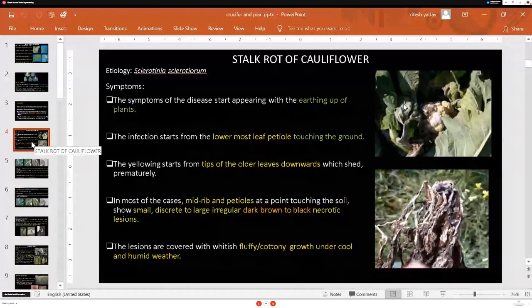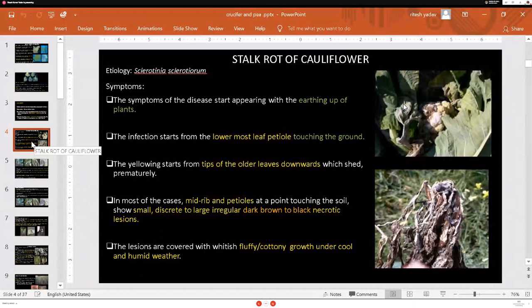Generally in case of crucifers, the first infection takes place during earthing up. During earthing up, the lowermost petiole or the midrib of the lower leaf comes in contact with the infested soil, and then it starts progressing in other leaves, or it can infect the curd, it can macerate the pith of the stalk.